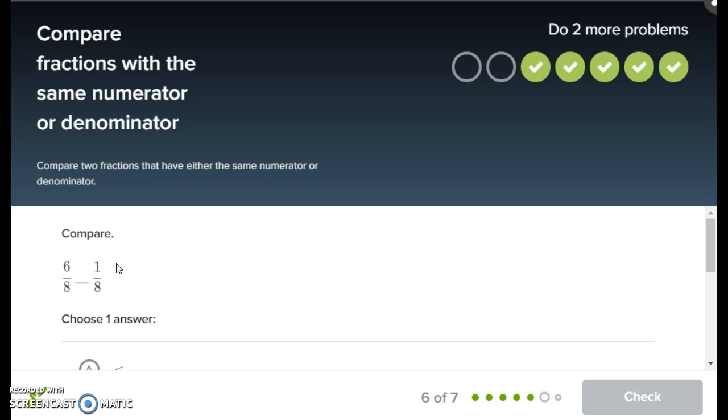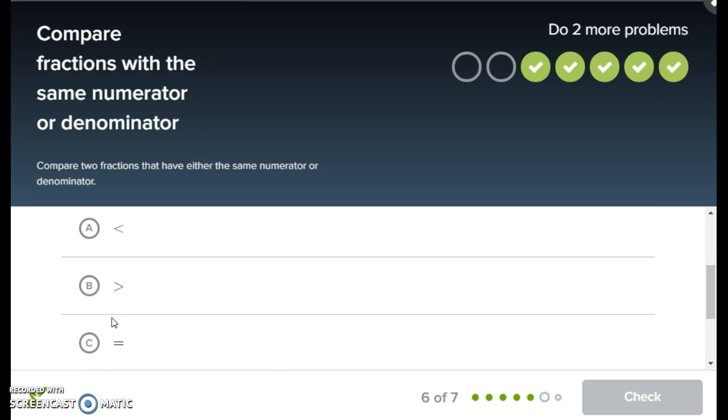So 6 is greater than 1, and as you heard from the first question, with the numerator, the greater number always means greater, because they're the same portion size, but this has more portions than this, giving it a bigger portion size than the other when you put them all together. So it would mean that one is greater.